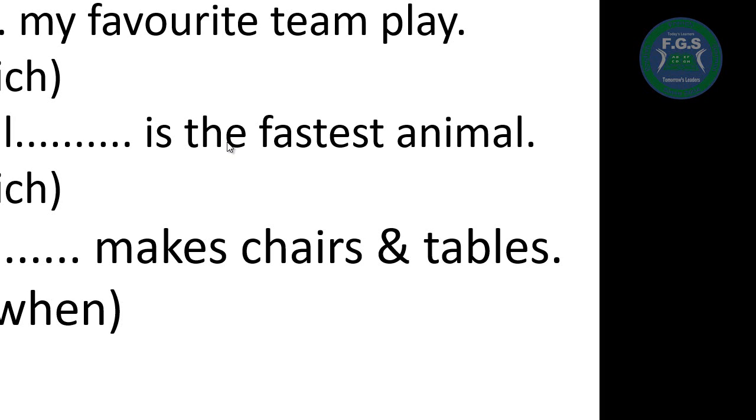So number 2 is where. Number 3. The cheetah is the animal, where, who, when, which is the fastest animal. Great. This is which. Number 4. A carpenter is the person who, where, which, when makes chairs and tables.